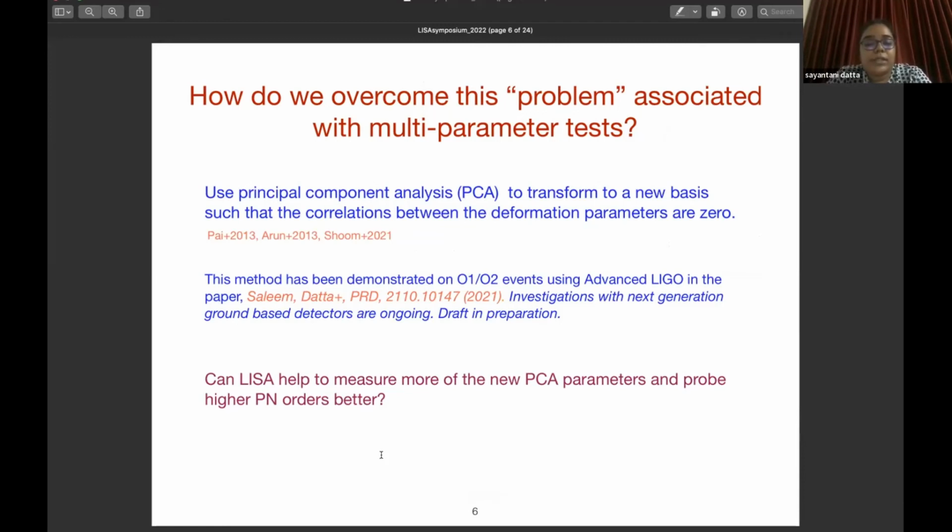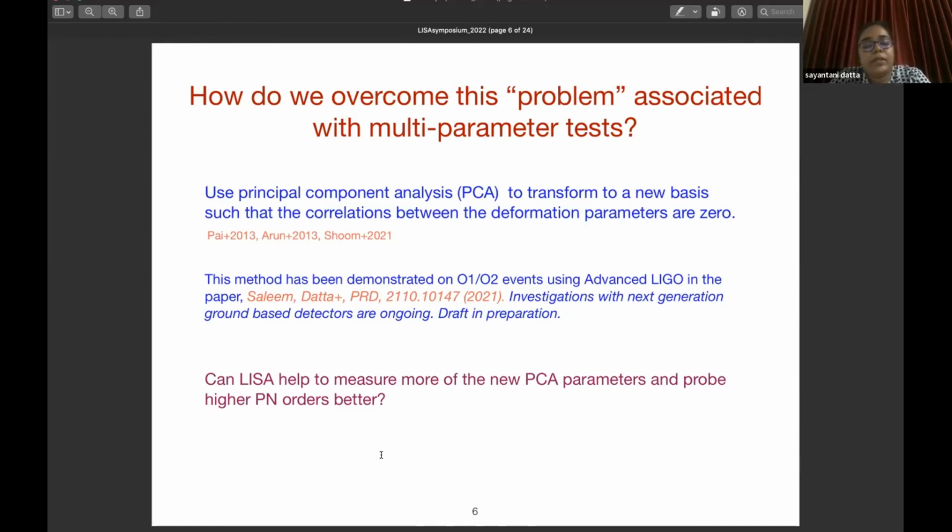We actually demonstrated this method on O1 and O2 events detected using advanced LIGO, using Bayesian inference, and we found that we could measure the first two PCA parameters well, and they could pick up the true value very close to the mean.